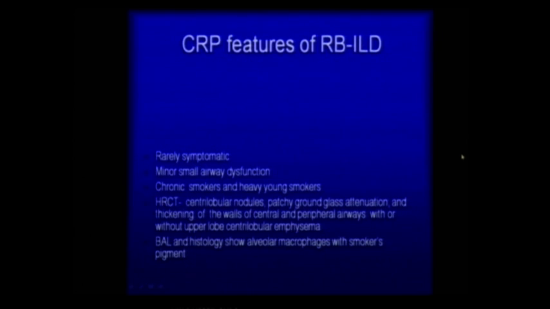So, the clinical, radiological and pathologic features of RB-ILD are, these people are rarely symptomatic, with minor small airway dysfunction, chronic smokers and also heavy young smokers. HRCT shows centrilobular nodules, patchy ground glass attenuation and thickening of the walls of central and peripheral airways.